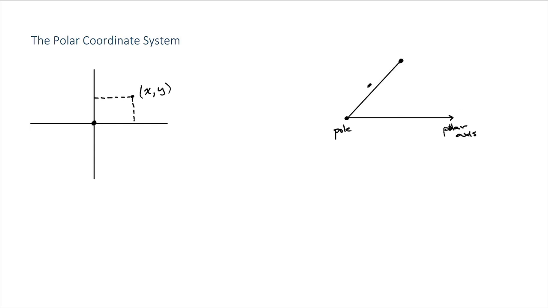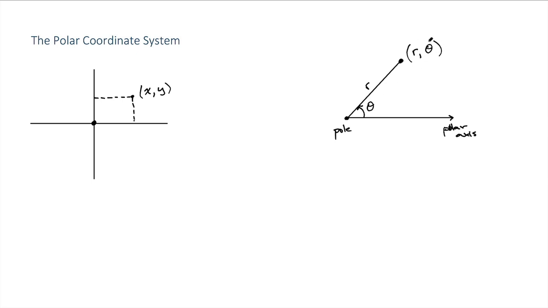And that distance we're going to call r. And the point creates an angle with the polar axis. That angle we're going to call theta. And then this point we denote by the coordinates (r, theta). So the first coordinate represents the distance from the pole. The second coordinate represents the angle between the polar axis and the side connecting the pole to the point.